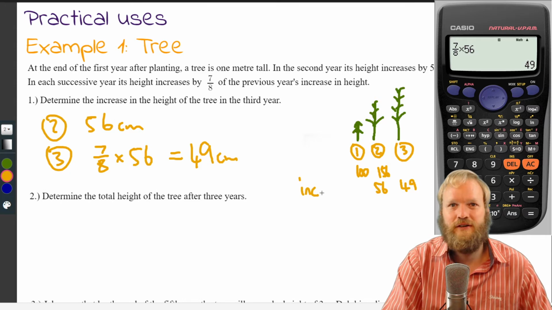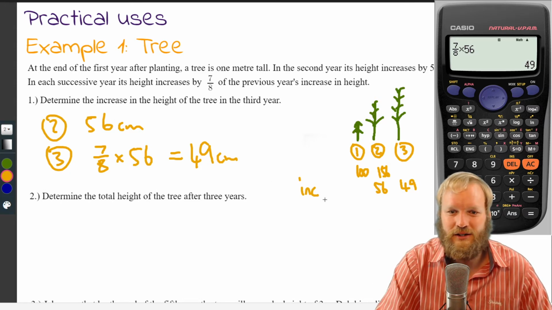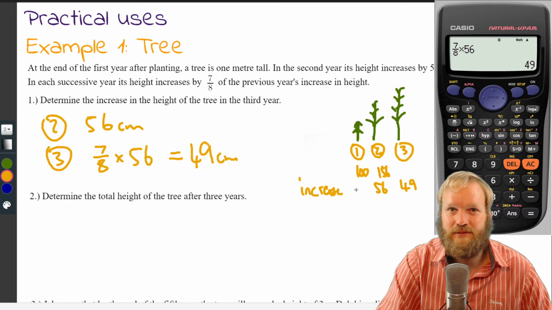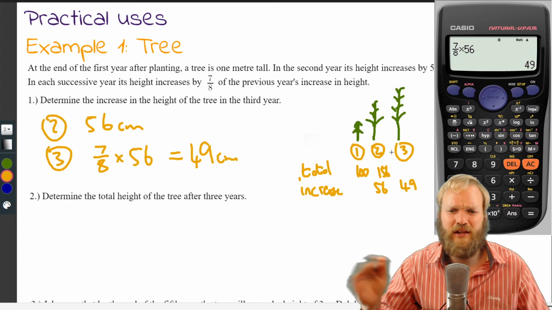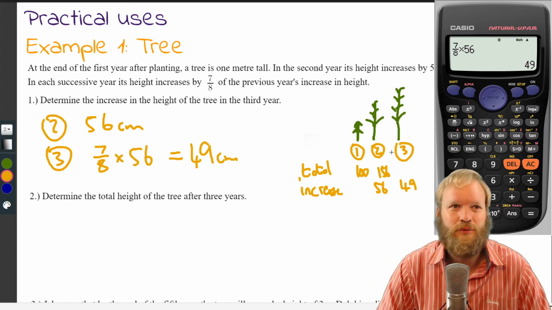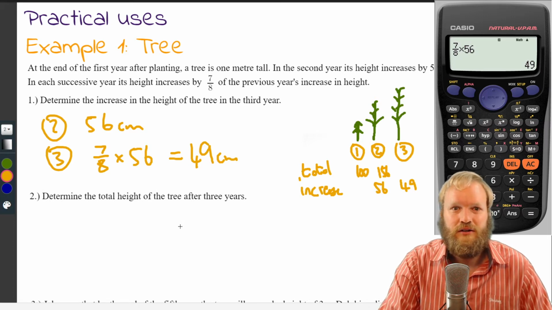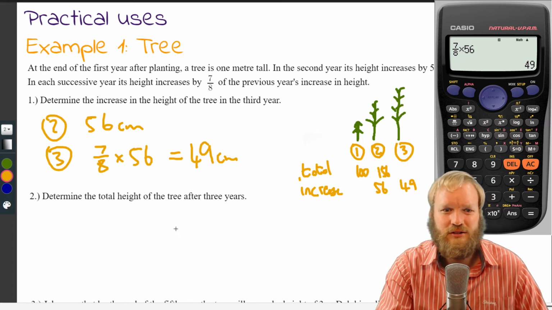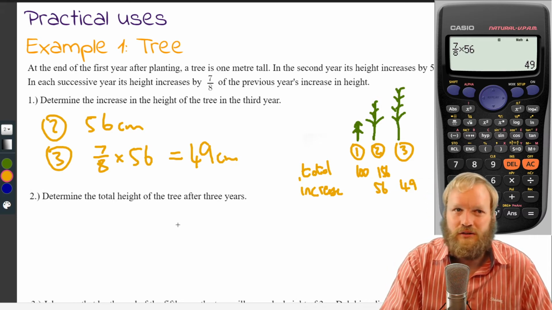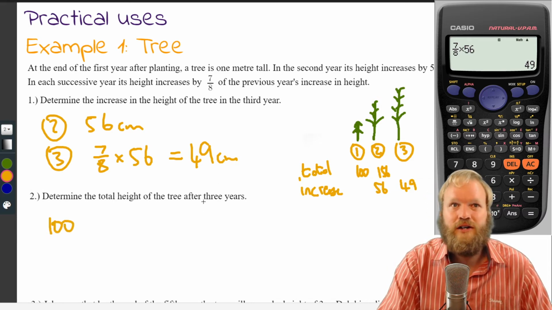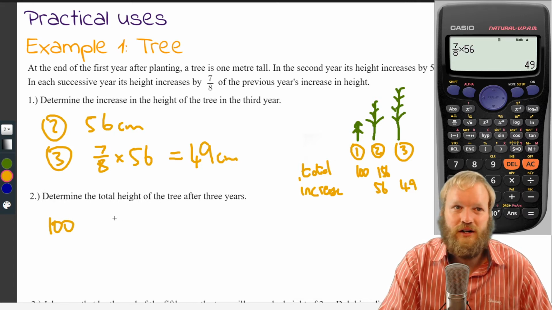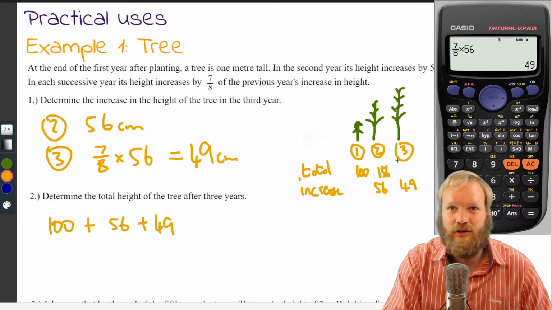So this is the stuff that we need to keep track of: there's been an increase by that amount, and the total height is this amount. And that's really what we need to keep our wits about us for. Okay, so determine the total height of the tree after 3 years. How do you work this out? Well, it was 100 centimeters after the first year, plus 56 it grew in the second year to give us 156, plus 49 it grew in the third year.